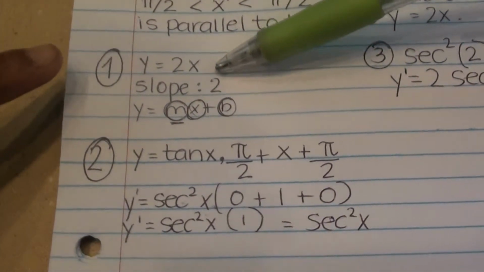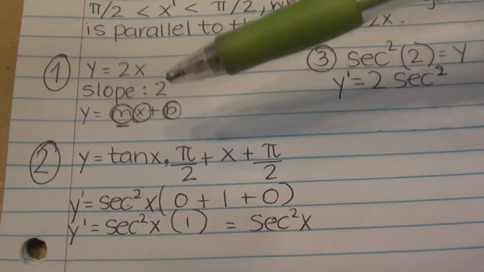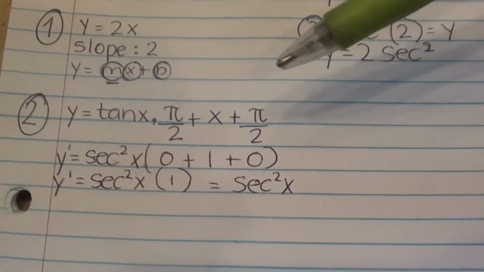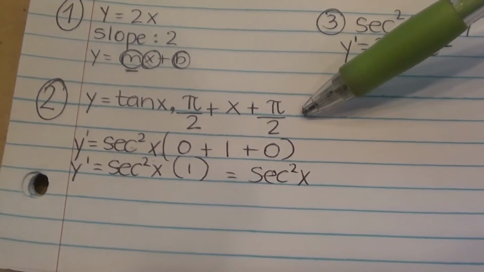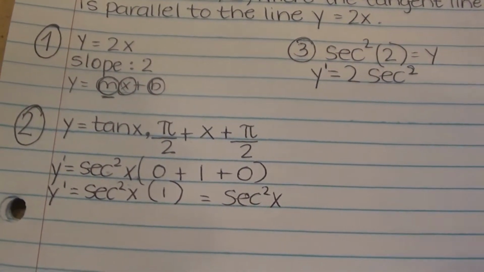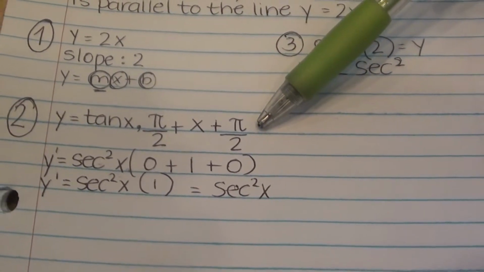y is equal to 2x, so the slope is 2 because when you use the formula of y equals mx plus b, m equals the slope. Next, you're going to find the derivative of the y function, which is y equals tan x plus pi over 2 plus x plus pi over 2.